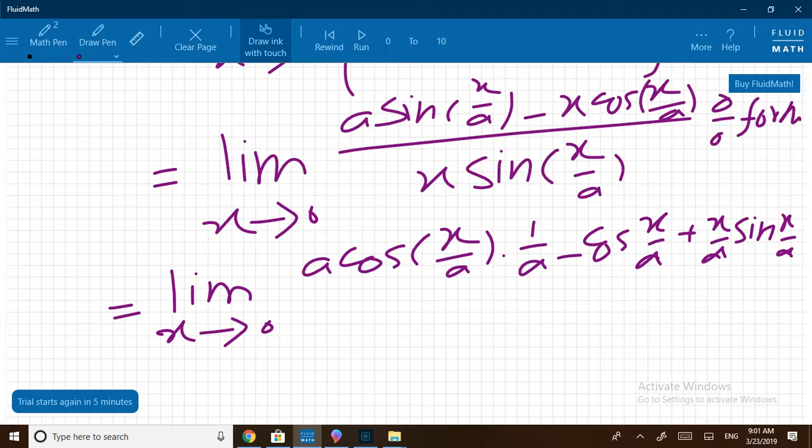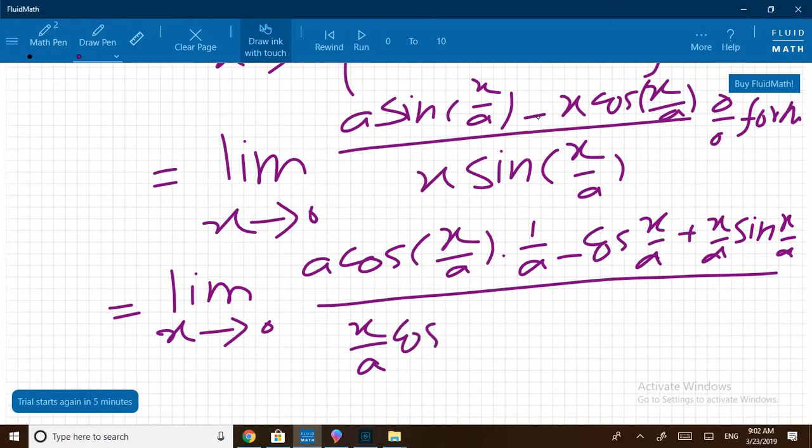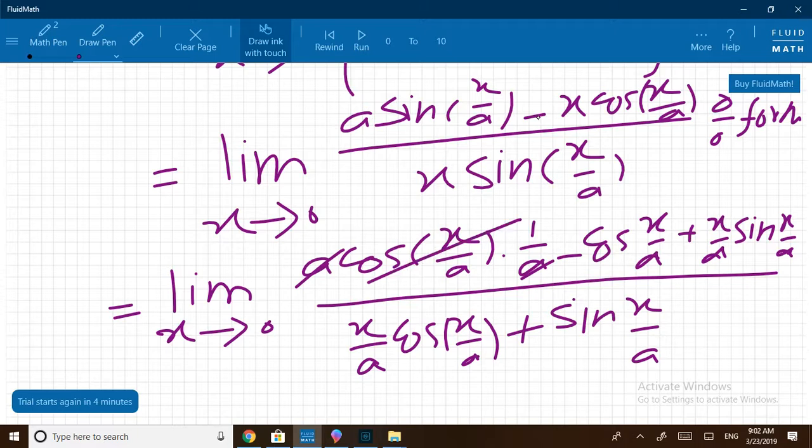Now the derivative of x sin, it will be x by a cos of x by a plus sin of x by a, in the denominator. Then cos of x by a is cancelled out with minus cos of x by a.